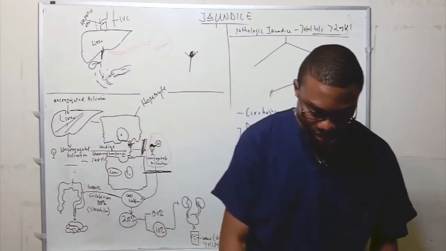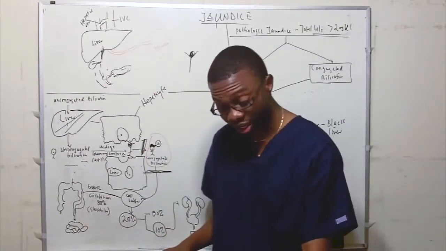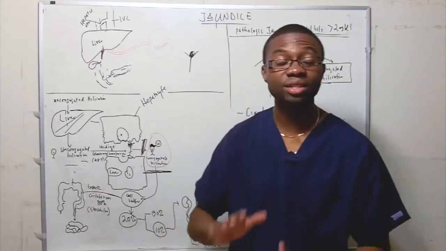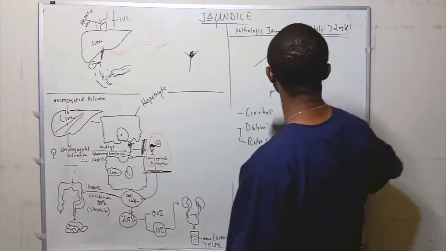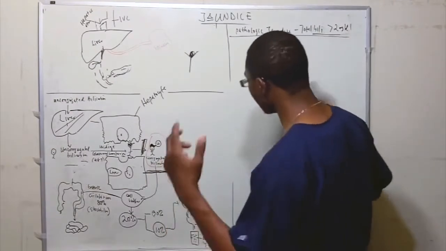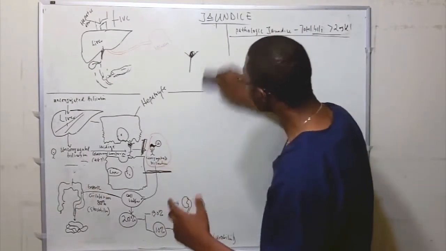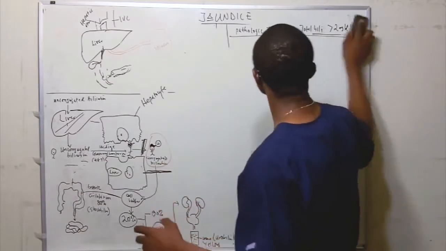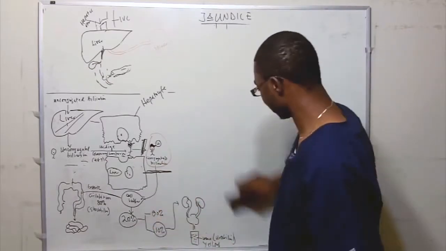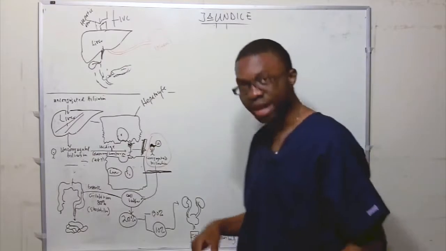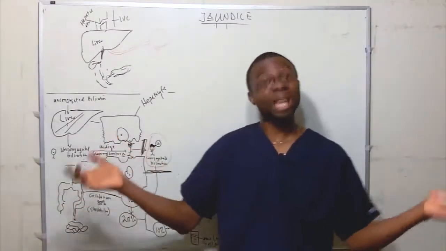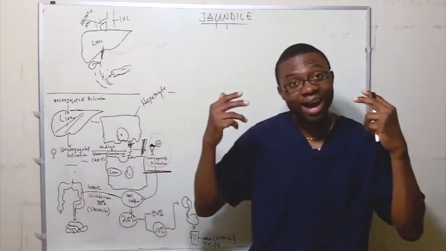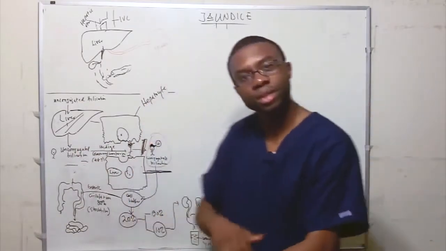Now, what you need to know about conjugated and unconjugated in terms of symptoms is this. Now that you know the pathology, the pathophysiology behind it, and what they're going to present with, they're going to look yellow. They're going to come in yellow. A little bit yellow in the eyes, yellow frenulum, yellow skin.